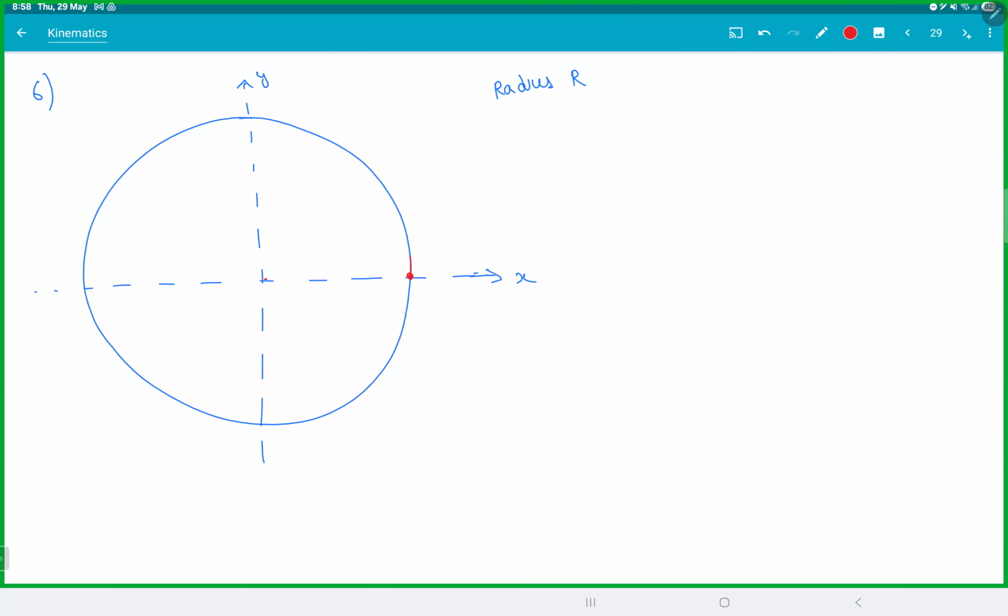So we have a particle starting from origin going with speed u. So this is your t is equal to 0, with constant speed u.